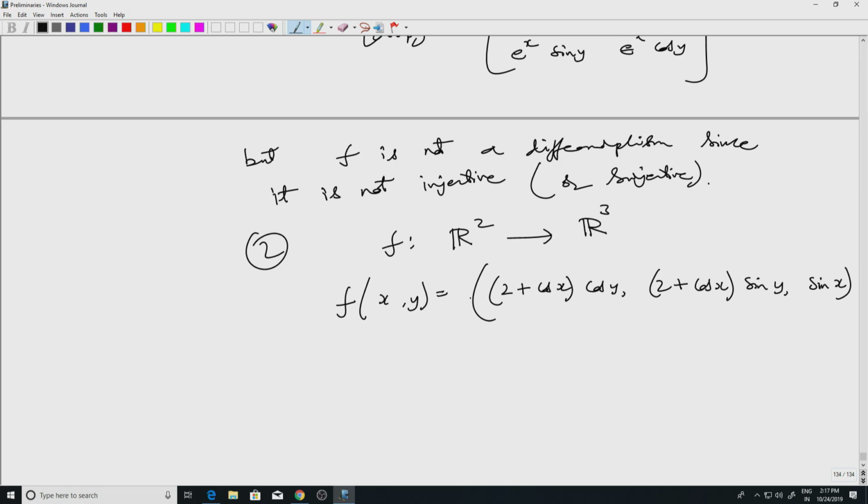Now one can check that as x and y vary over all possible values, the locus of these coordinates in R3 is precisely, so if I draw this is the x, y, z axis, this is the point 2 and the circle of radius 1.